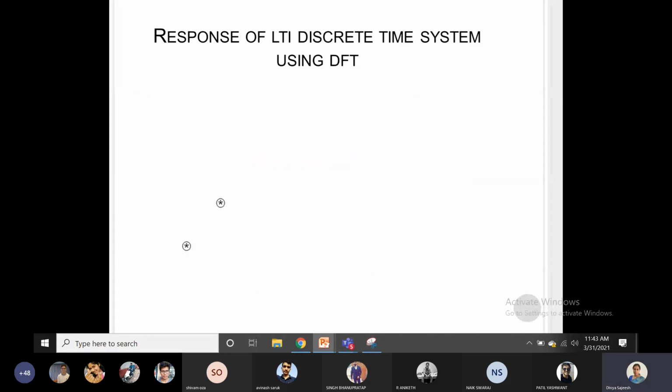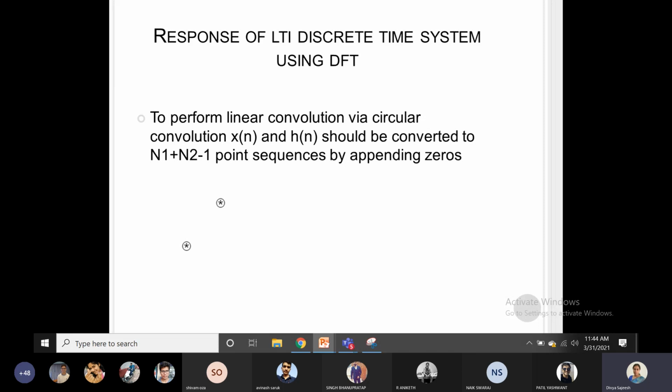Now, while we are trying to find the linear convolution through circular convolution, what we have to do is convert the lengths of the sequences x of n and h of n to the same length as that of y of n, which we obtain in the linear convolution.